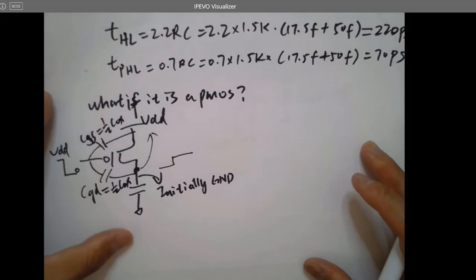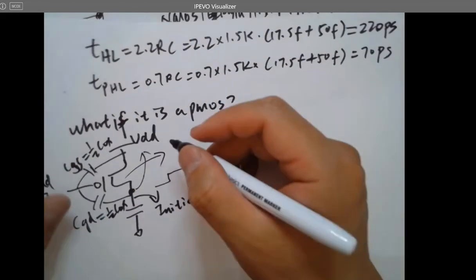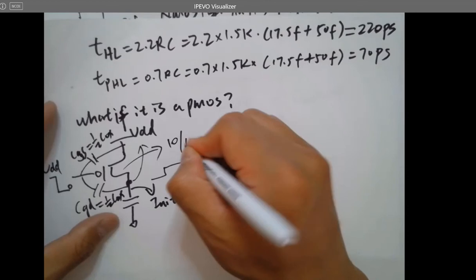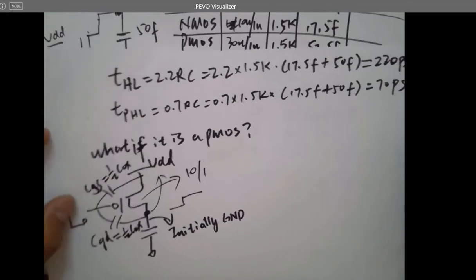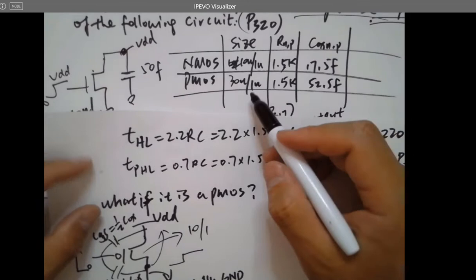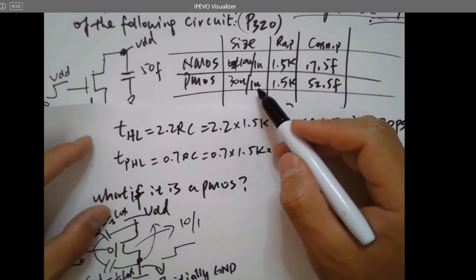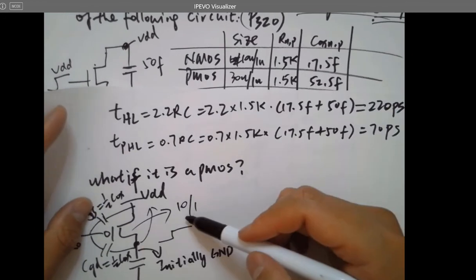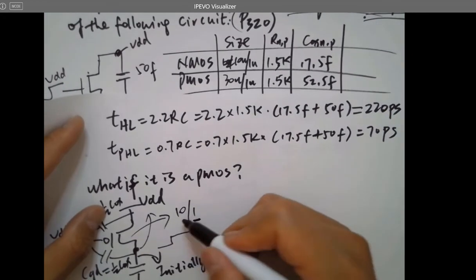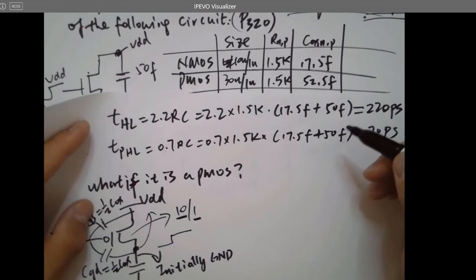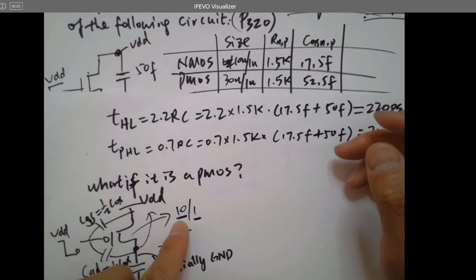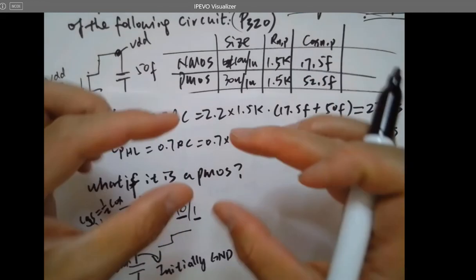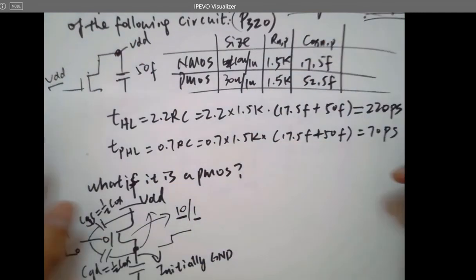The size for this PMOS is also 10 micron to 1 micron. But the parameters offered in the table are for a 30 micron over 1 micron PMOS. So it's the same length, no problem, but this is 3 times narrower. If it's not that wide, then the resistance will be higher, because when you have a wider piece of metal, the resistance will be lower.